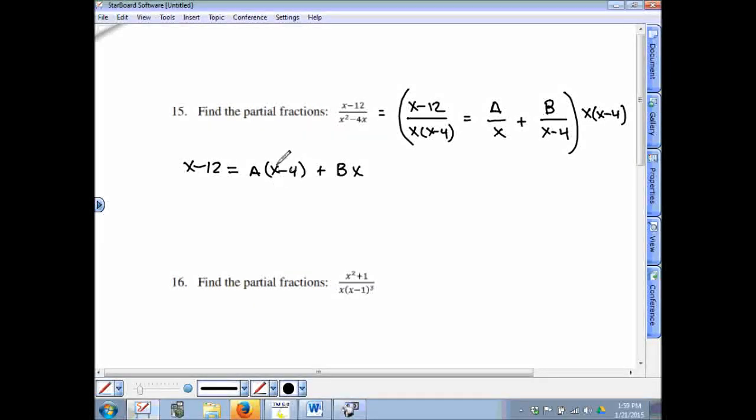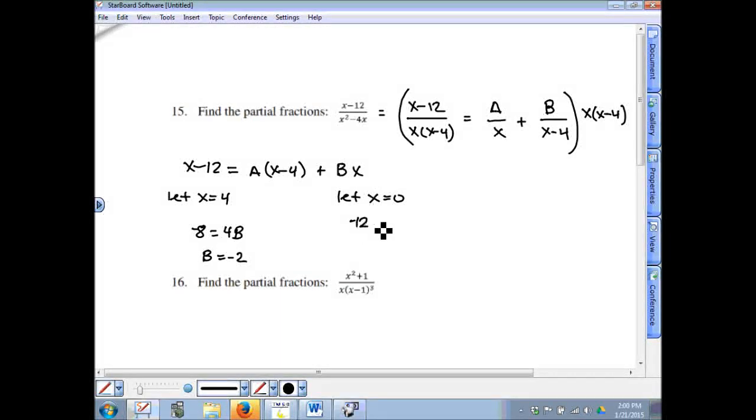So there's two convenient values we can choose. One would be positive 4, the other one would be 0. So if we let x equal 4, or we can let x equal 0, that's going to help us solve for these values here. So if x equals 4, 4 minus 12 is -8. 4 minus 4 is 0, that means the a term disappears. 4 times b is 4b, so b equals -2.